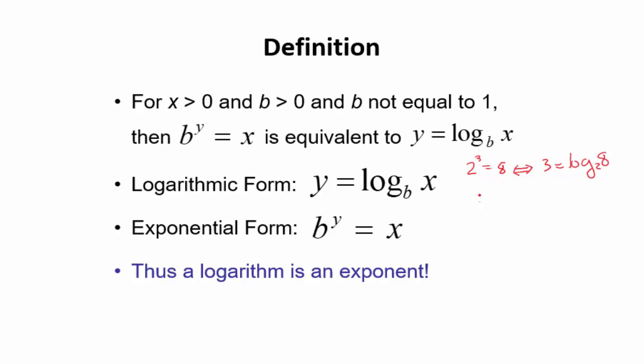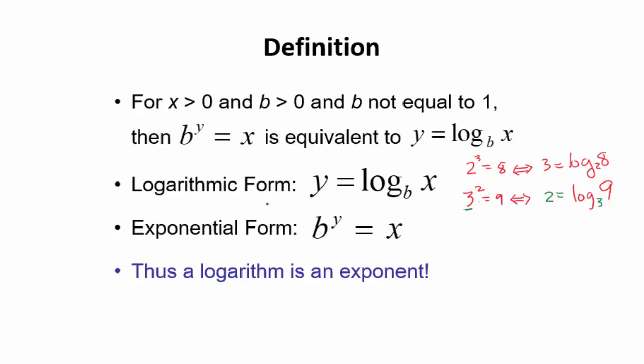Another example: 3 squared is equal to 9. In logarithmic form, the log of 9 with the base 3 is equal to 2, because if I raise 3 to the power 2, I get 9.